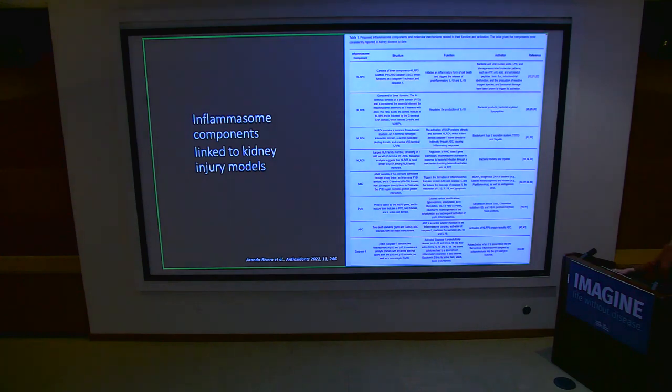There have been a lot of different inflammasome components linked to different kidney diseases, and NLRP3, while it's quite protective in the ischemia-reperfusion model of acute kidney injury, when you use another model, the cisplatin model, to induce acute kidney injury, you get a lot more injury with NLRP3 knockouts.